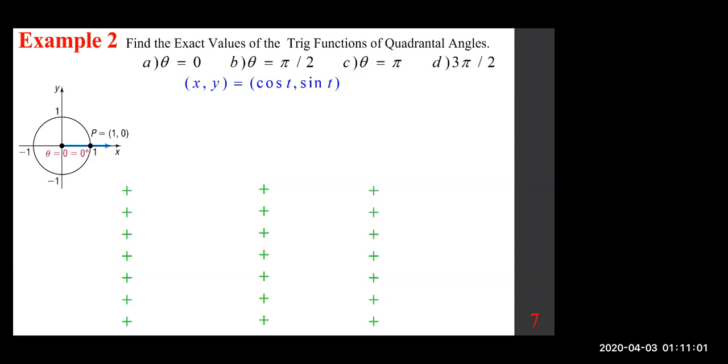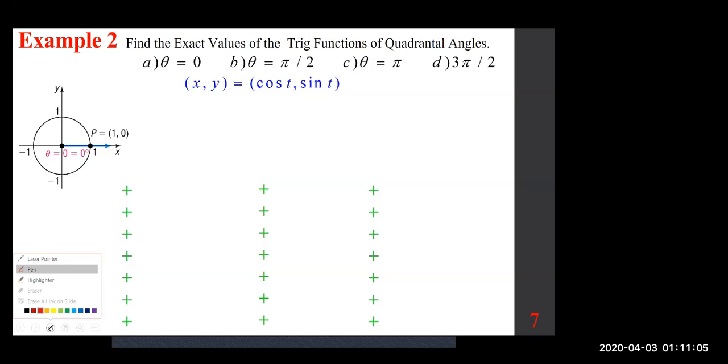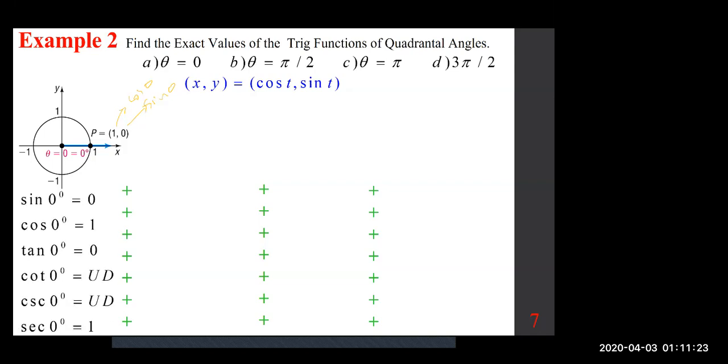Okay, cosine 0 is 1. This is cosine. The angle is 0. And this is sine. So for quadrantal angles, just remember the coordinates and you can figure out what they are, okay? When we know cosine and sine, we can figure out the rest of it.